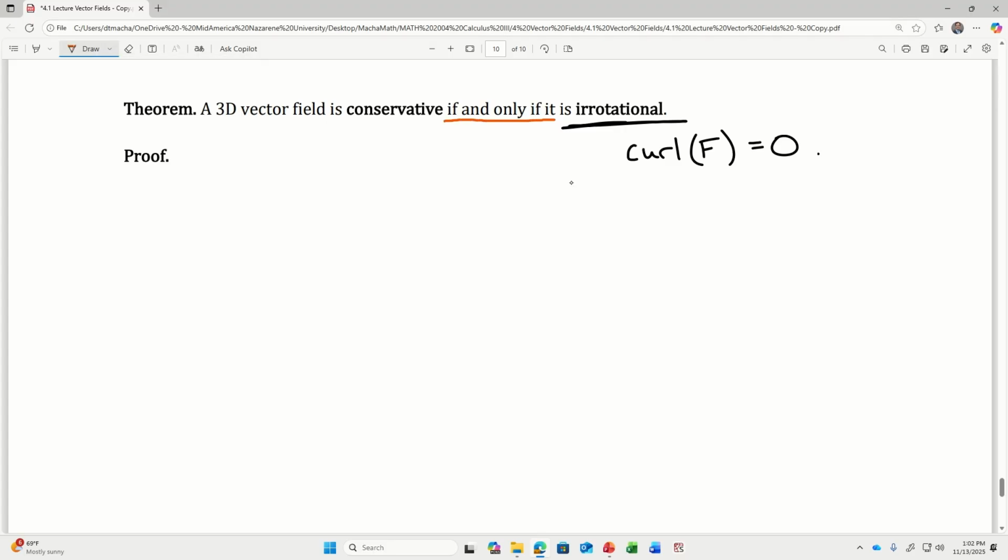It's conservative if it's irrotational, meaning irrotational implies conservative. And then the other direction is saying I need to show that conservative implies that it is irrotational. So first, let's show that conservative implies irrotational.